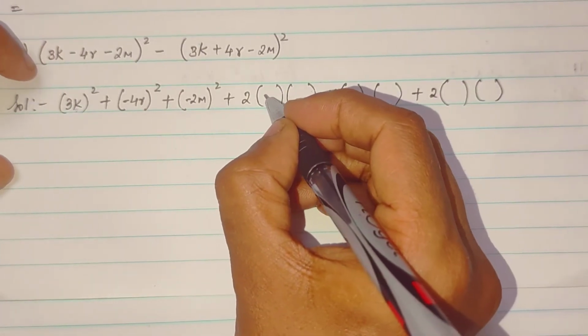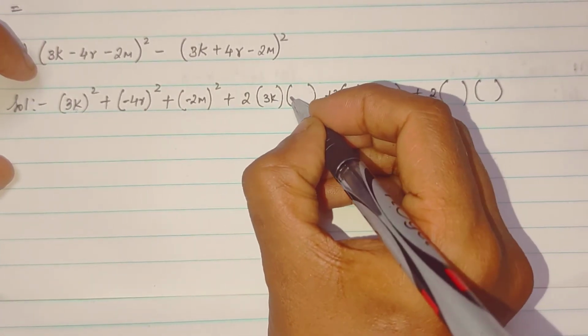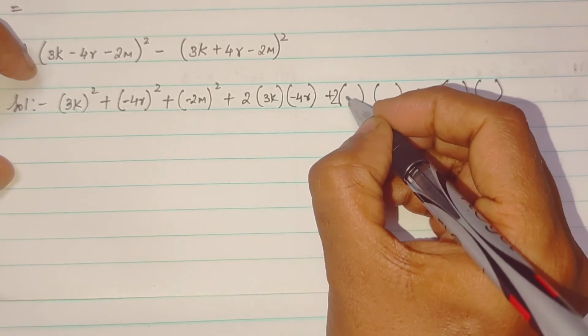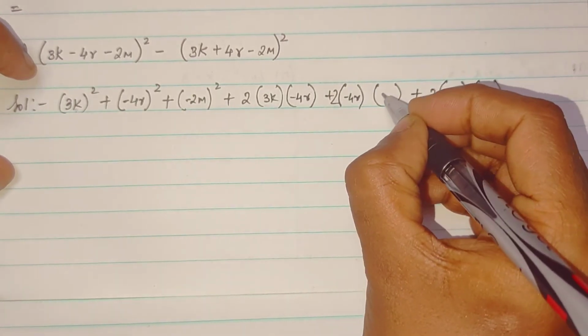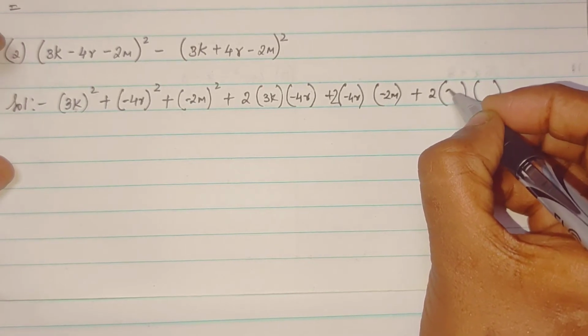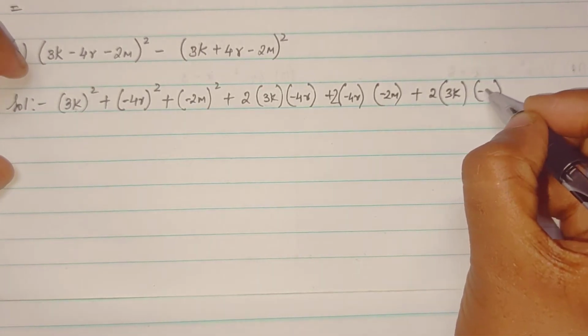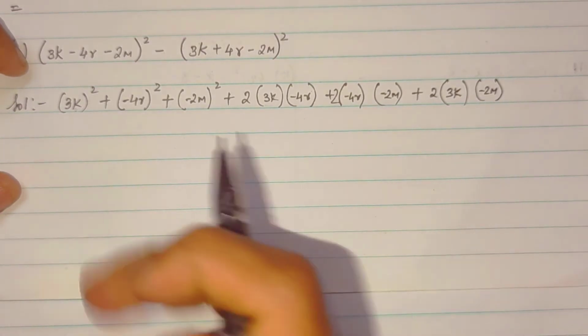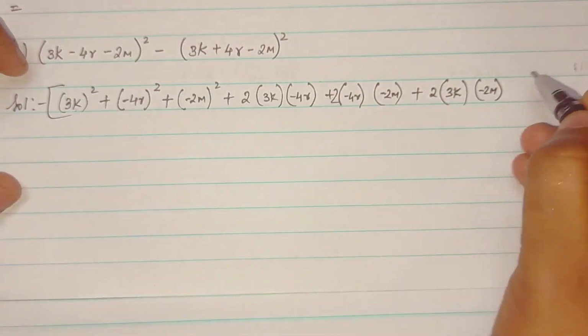So here 3k minus 4r, then minus 4r minus 2m, then 3k and minus 2m. So this was the first term.